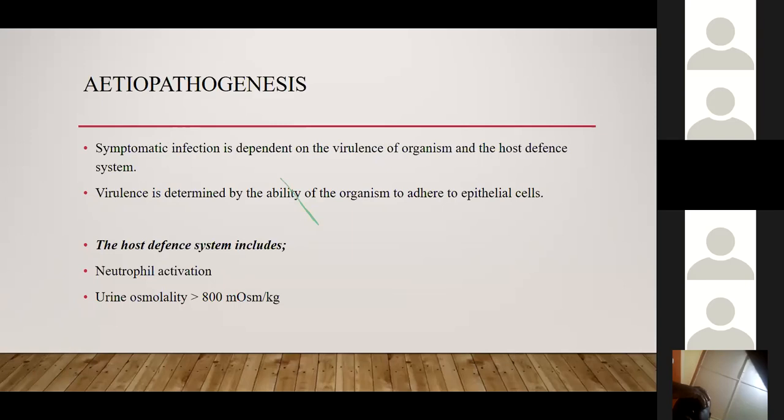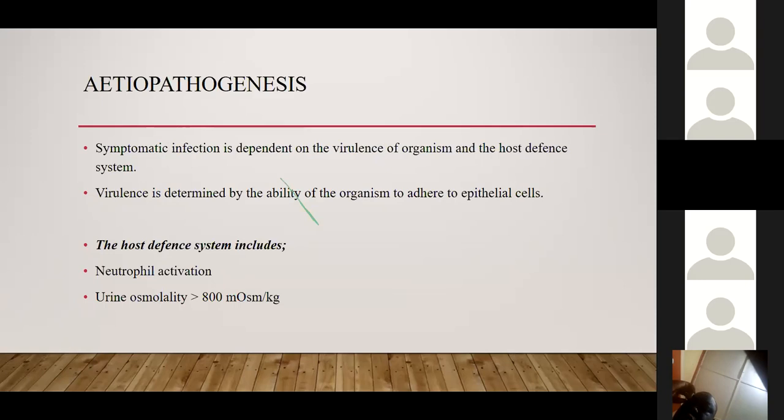So basically, once we come into contact with these microorganisms, which we say cause UTI one way or the other, for you to develop an infection, it is actually dependent on the virulence of the organism and the defense system of the host, or of ourselves.